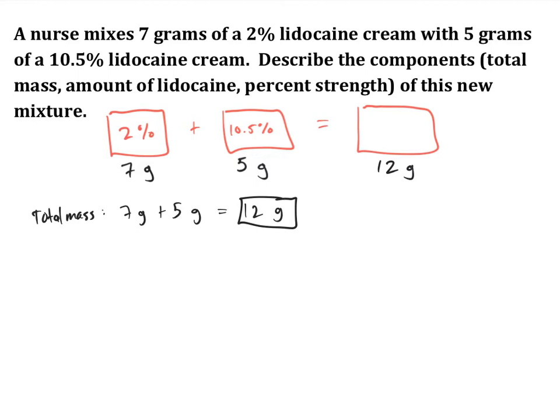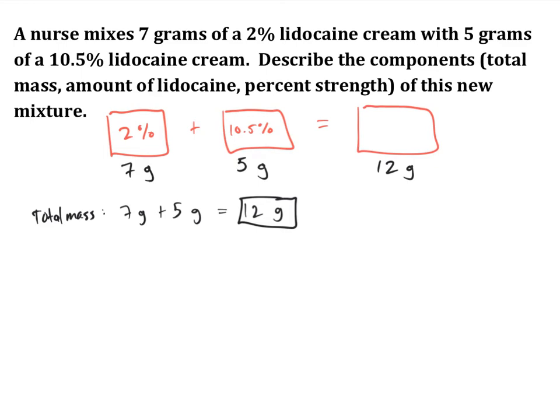Now I want to think about the total amount of lidocaine. So if it's 12 grams, how much of those grams are actually lidocaine? So I want to think about how much lidocaine is in this 7 grams of the 2%, and out of the 5 grams, if it's 10.5% lidocaine, what is the amount of grams of lidocaine there?